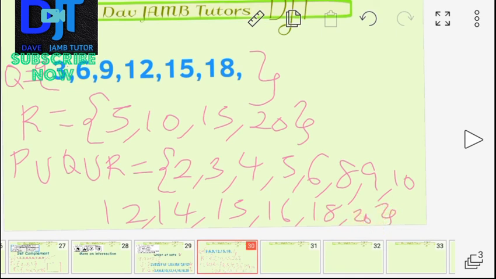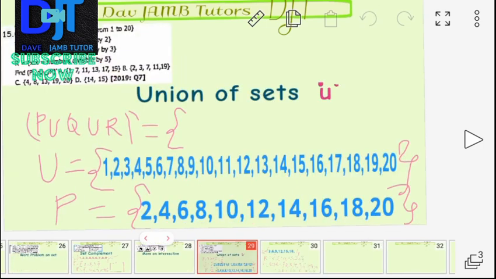So now, what we have here is our P union Q union R. Remember that I had opened a curly bracket here for things that are not in, which is the complement of P union Q union R. If you want to find the complement of any value, you must first of all have the value itself before you find the complement.